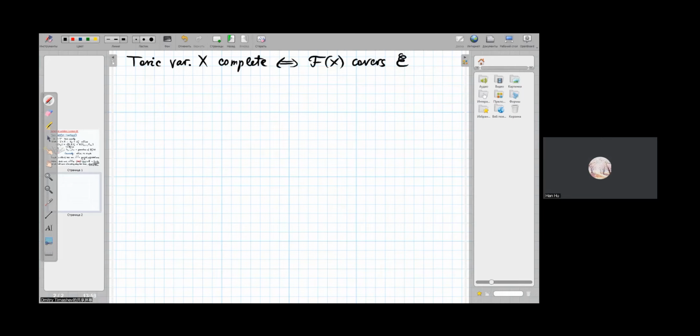So maybe the most basic example of a complete toric variety, let me give you just an example, is the projective space. Let's consider this example in detail. So let X be the n-dimensional projective space on which the n-dimensional torus T acts in the following way.